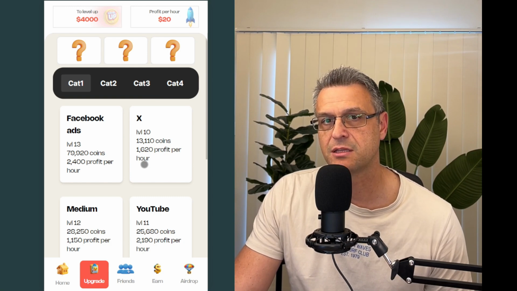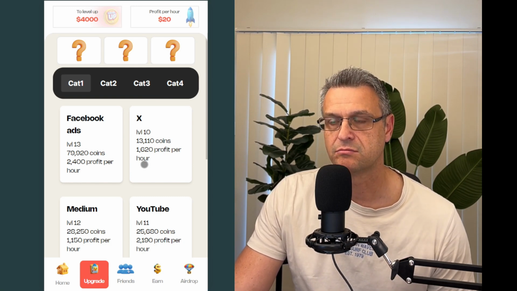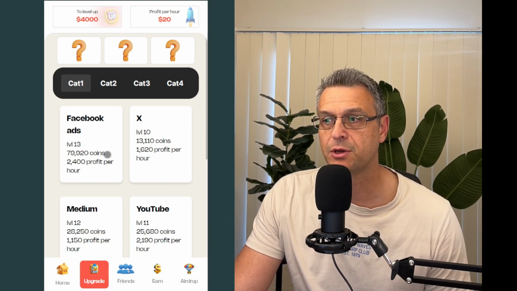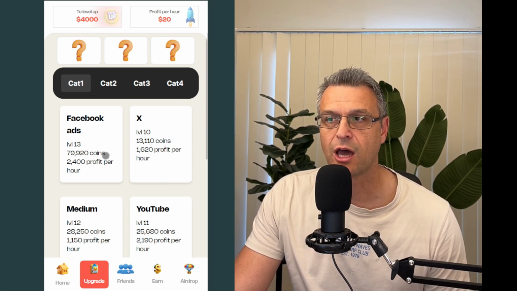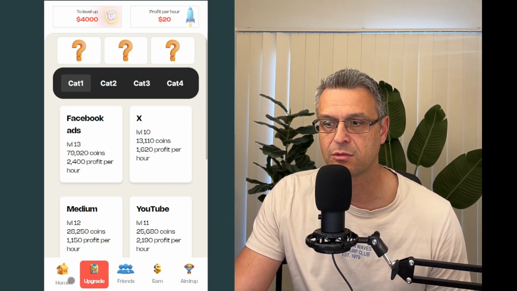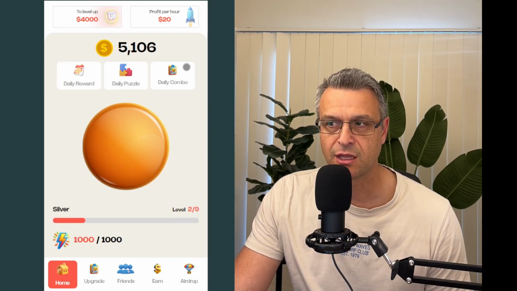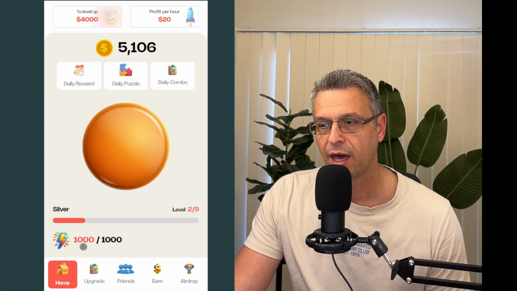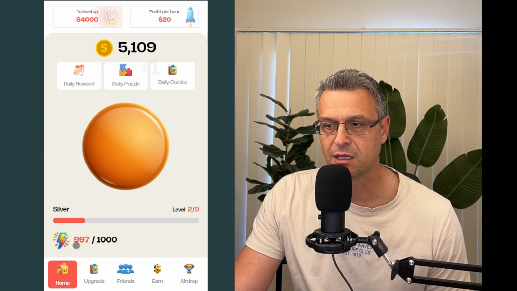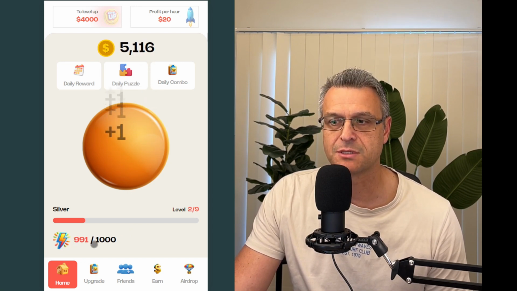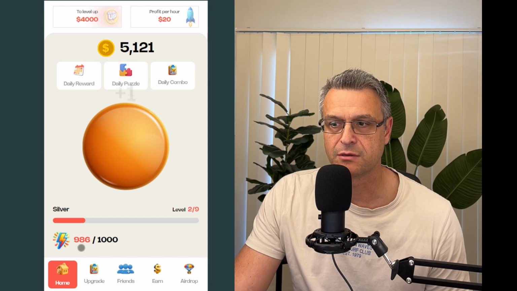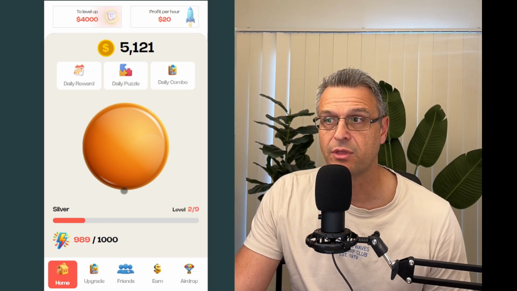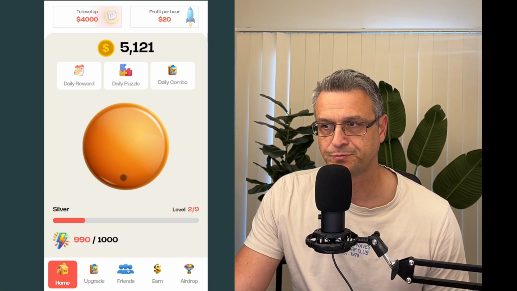Those are three cards that you would need to purchase to be able to unlock the bonus for that day. They're your three daily bonuses that you can get. And then at the bottom you can see how many taps you have before it runs out. All right, so that's the home screen.